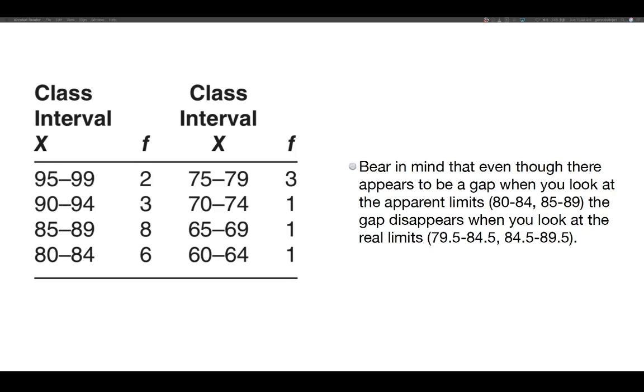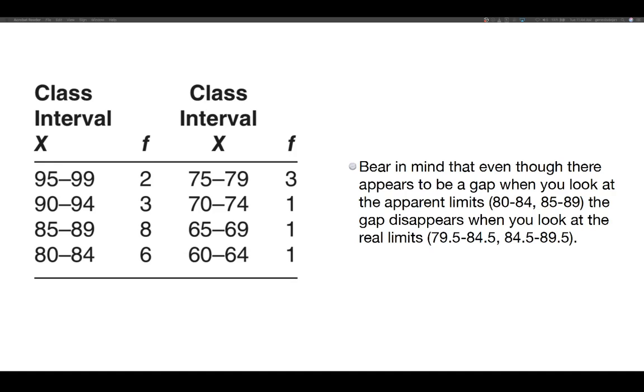Perhaps you are wondering what happens if a score turns out to be exactly 84.5. First, when dealing with a continuous scale, the probability of any particular exact value arising is considered to be too small to worry about. In reality, however, measurements are not so precise and such values do arise.